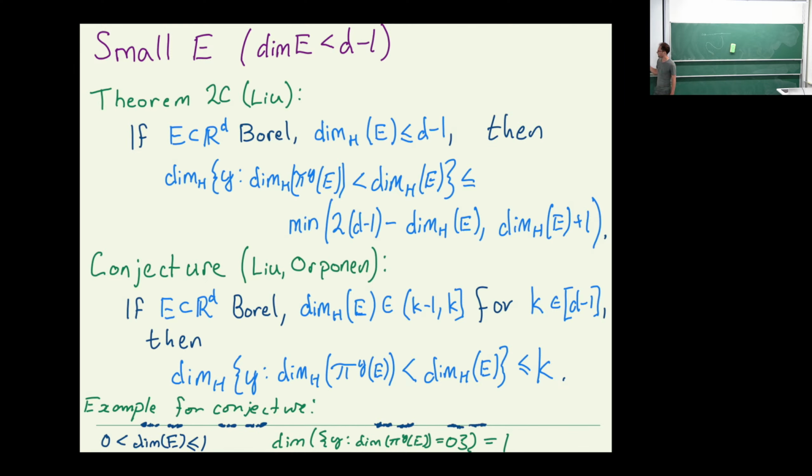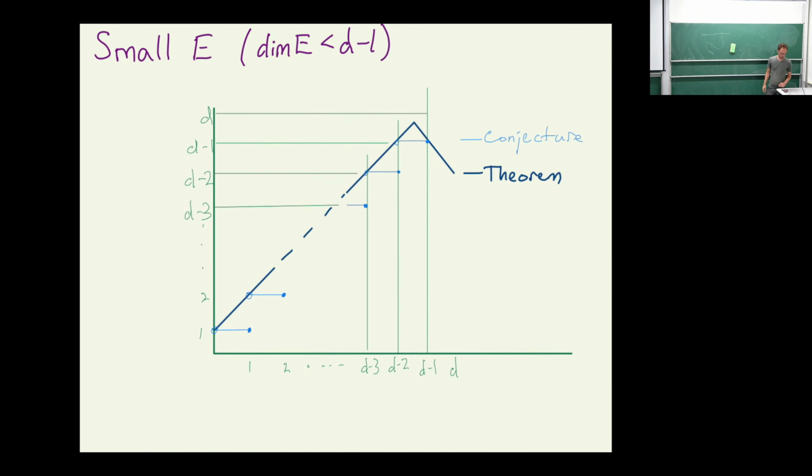Then if the dimension of this set is greater than 0, the exceptional set is every point on this line. I've put a summary of the situation on this next slide. The thick dark blue line is the theorem, the combined theorems.